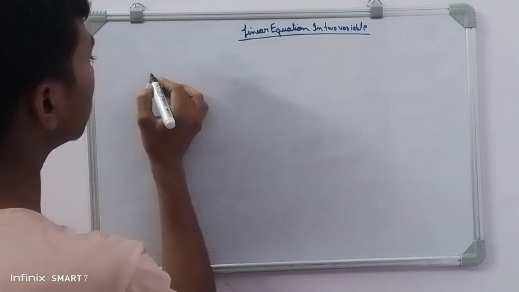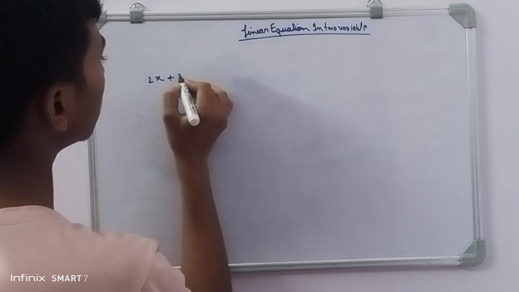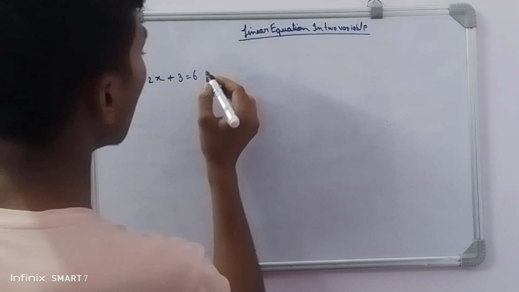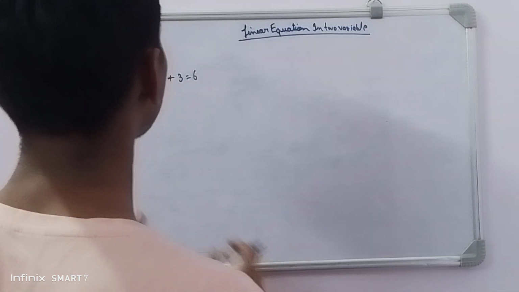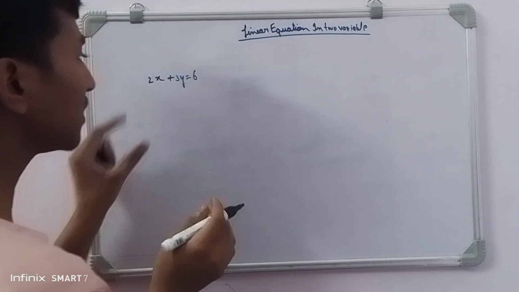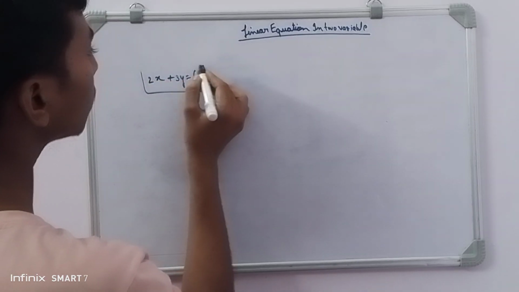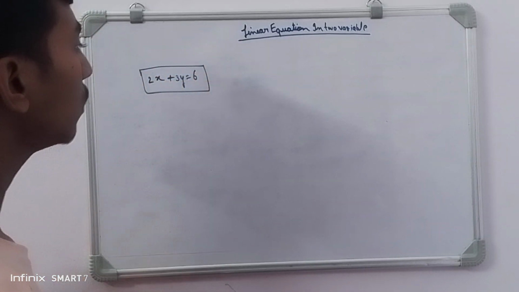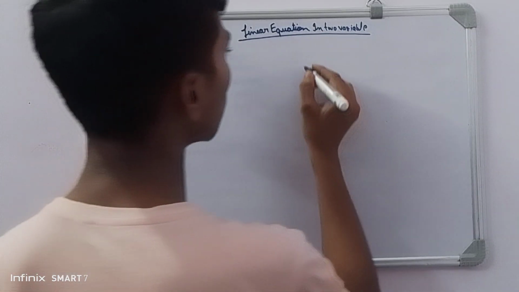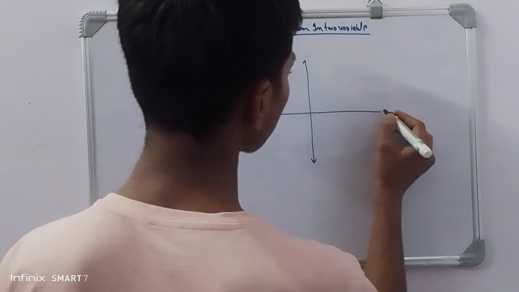Like this one, 2x plus 3y is equal to 6. So how will you make the graph of this? As we get this equation, we have to construct the graph through it. So how will you construct? Before this, you have to draw a coordinate system, which you have studied in class 8.